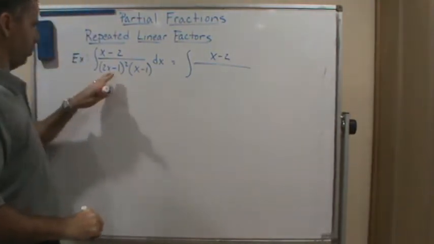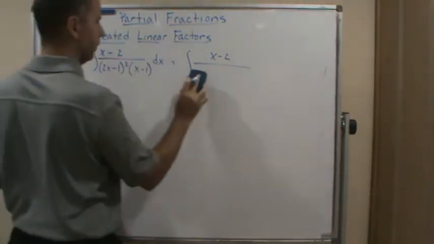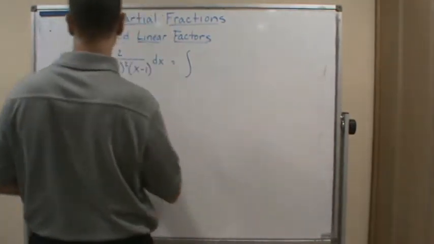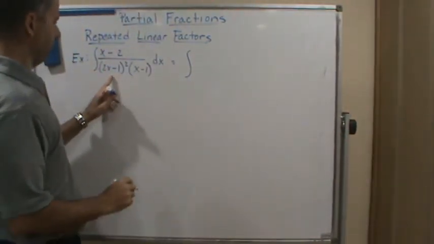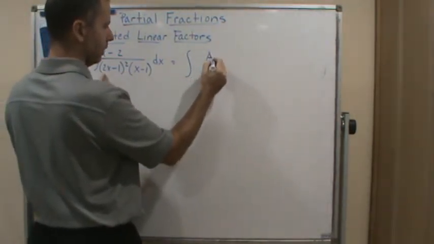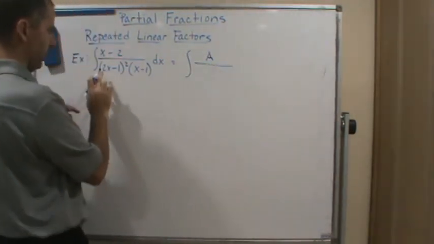Okay? So we're going, oops, don't want that. Let me do that over. So we've got to have, this has to be repeated as so. So we've got two of these.